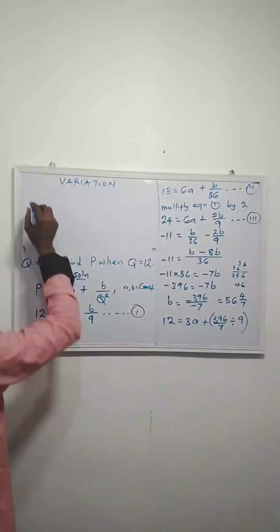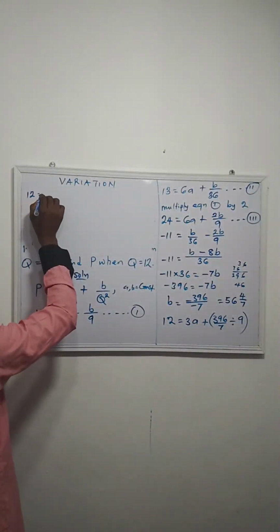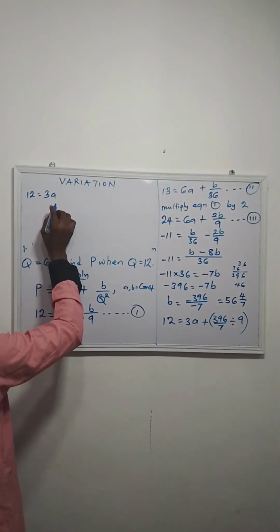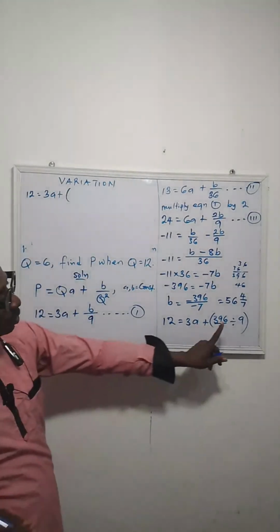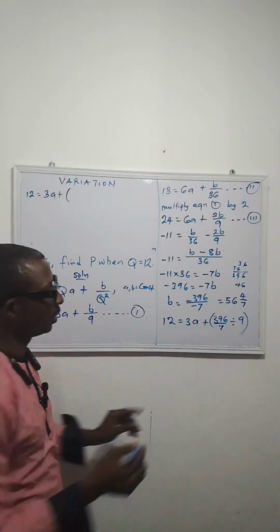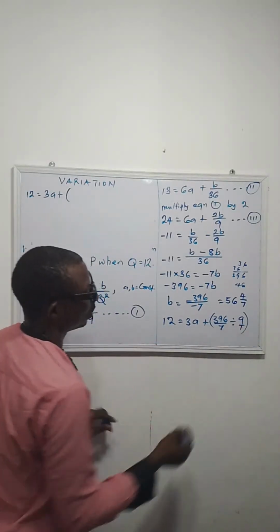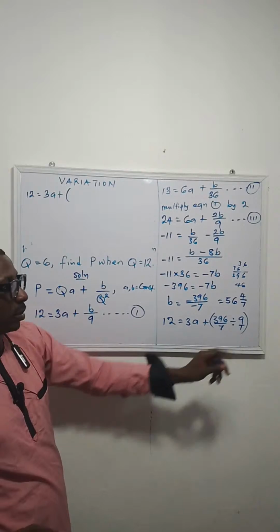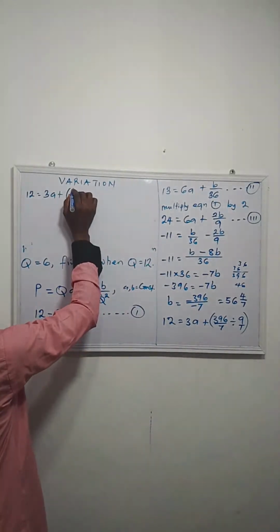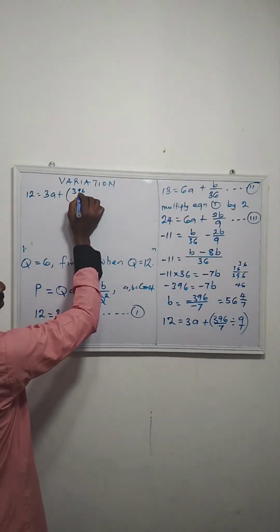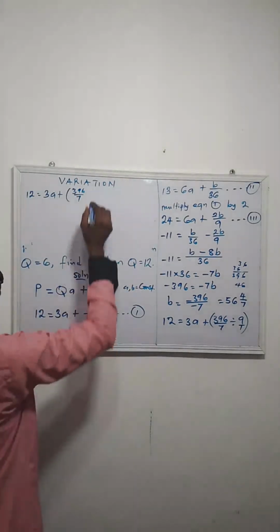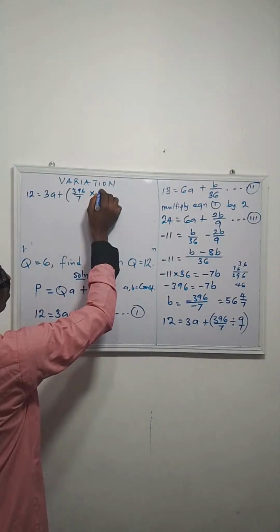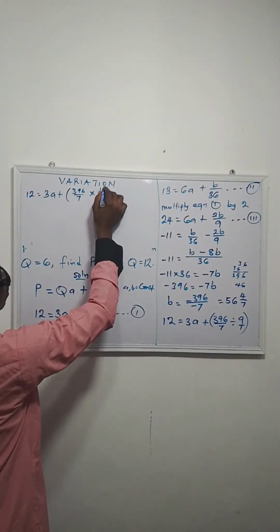We have 12 equals to 3a plus, now how do you do this? You change this to multiplication. This is 9 over 1, so we find the reciprocal of this. So we have 396 over 7 times 1 over 9. That's what we have.